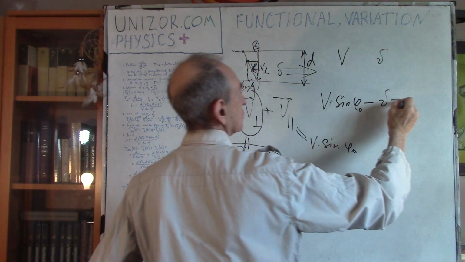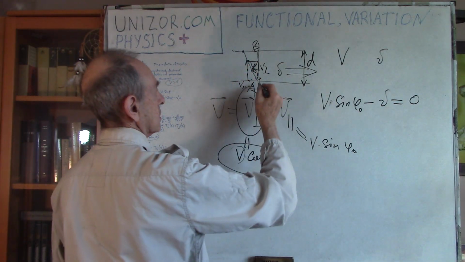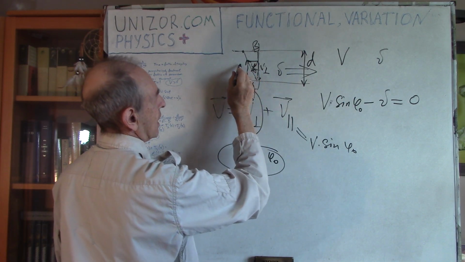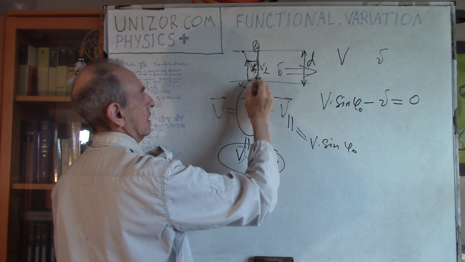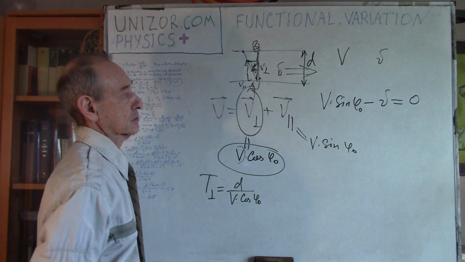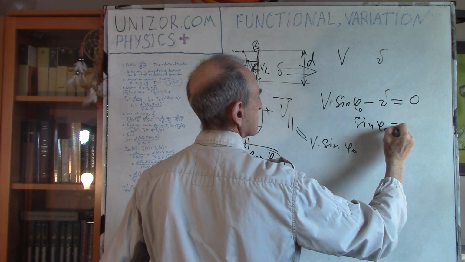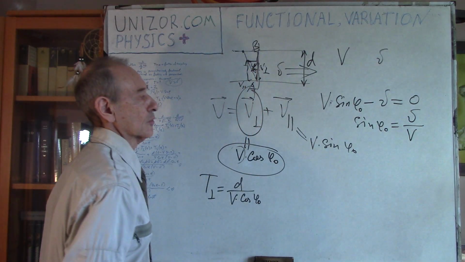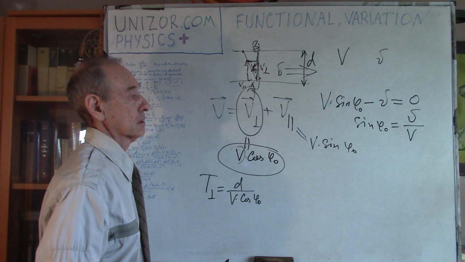Now, my real horizontal speed should actually be 0, so I will stay always on this line, right? So this should be equal to 0, and that's the condition when for every movement to the left, the current will go to the right, and I will still be on this line, and I will cross it directly to the point B. So basically sine phi 0 is equal to lowercase v divided by capital V, that would be my optimal angle.